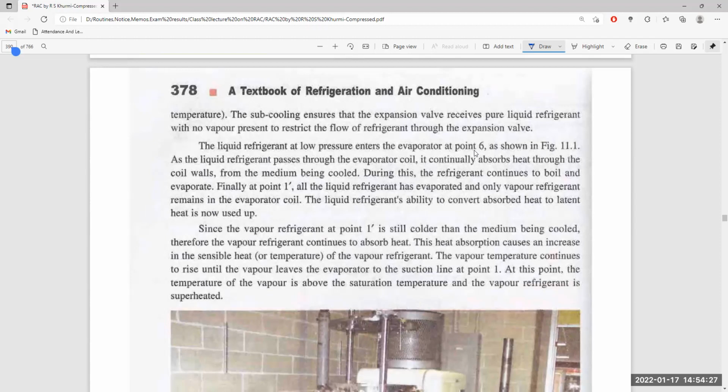During this, the refrigerant continues to boil and evaporate. Finally, at point 1 dash, all the liquid refrigerant has evaporated and only vapor refrigerant remains in the evaporator coil.